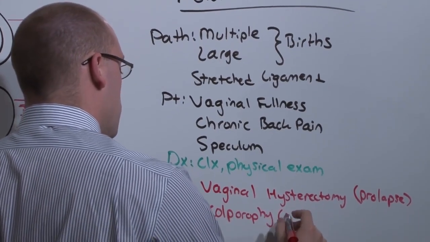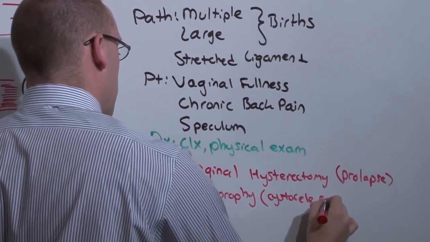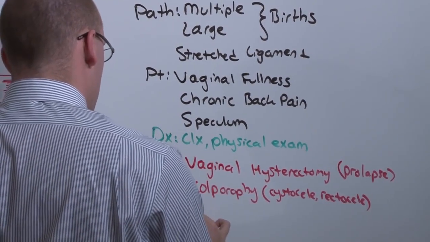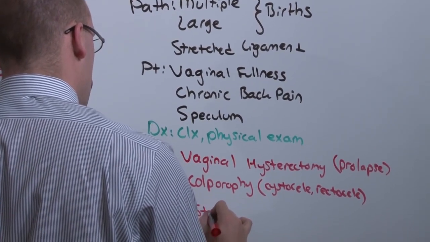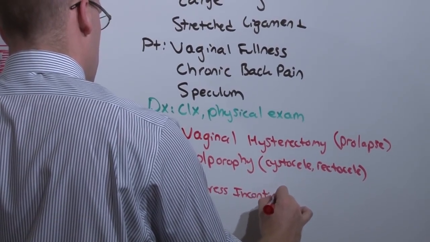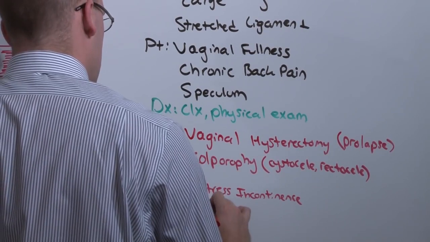Essentially, rebuild the pelvic floor. And be cautious, because a cystocele can lead to stress incontinence. More on that on the incontinence lecture. And a rectocele can lead to constipation.